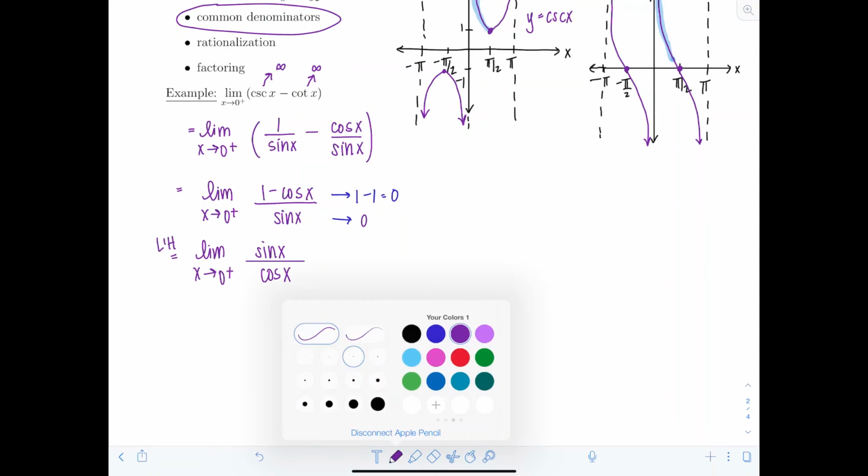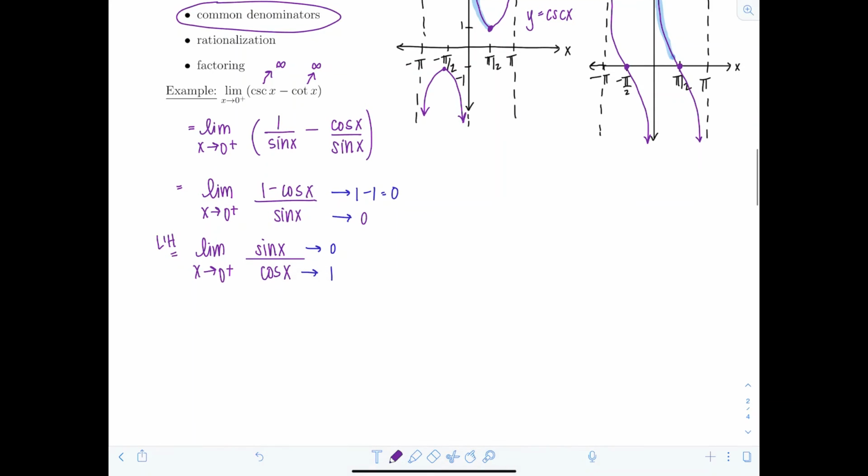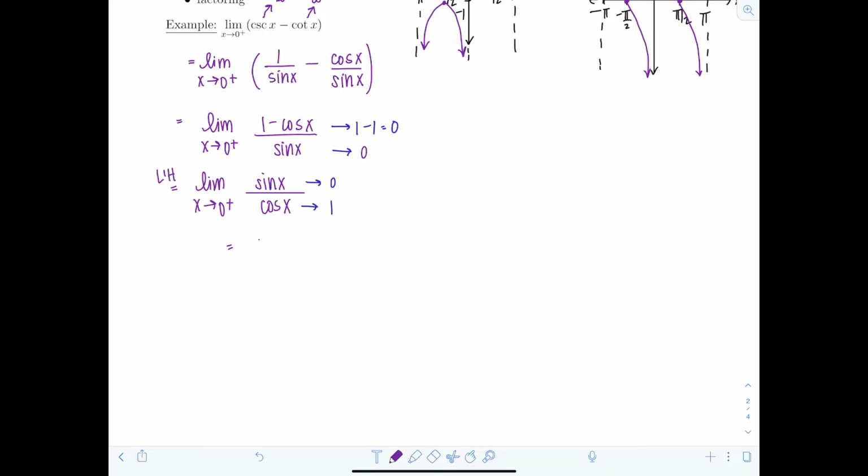As x approaches 0 from the right, sine of 0 is approaching 0, and cosine of 0 is approaching 1. So we're basically done now. The numerator is going to be 0 over 1, which is just 0. All right, nice job.